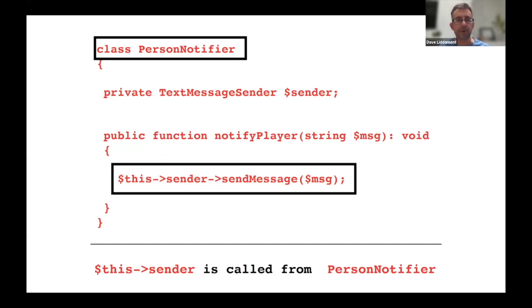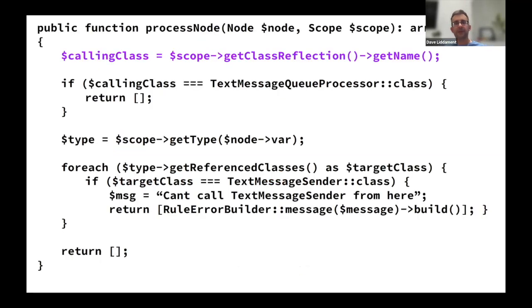If we imagine we've got some code that looks like this, we've got this message sender towards the bottom of the slide, and we can see that it is in a class called person notifier. So we can say that $this sender is called from person notifier. If you look at the first line in this method, we're asking where we are, and in this particular case, calling class will say I'm in person notifier.